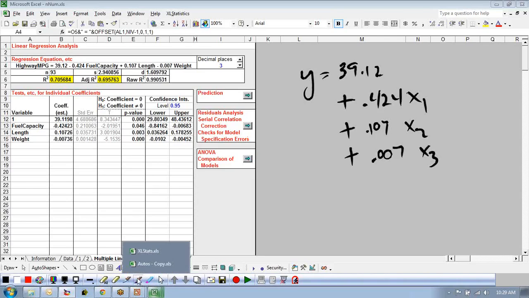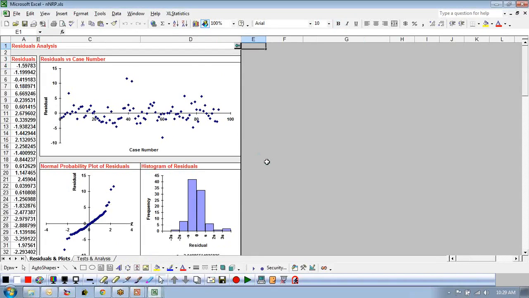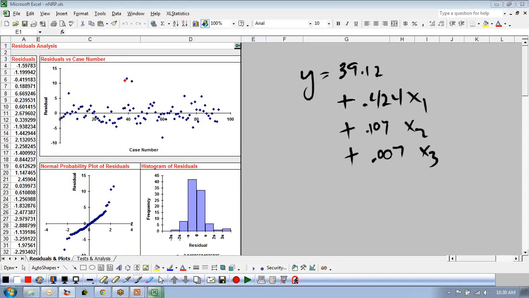Oops, except that I have forgotten something. What I've forgotten is I need to check those residuals. So the interesting thing is when I check the residuals, they look okay, but I do see a couple of outliers, right there and maybe right there.